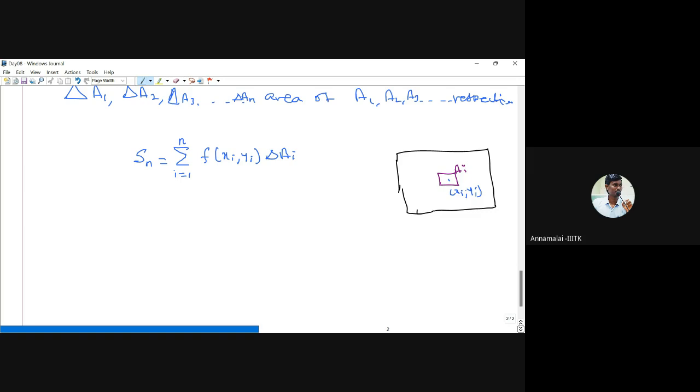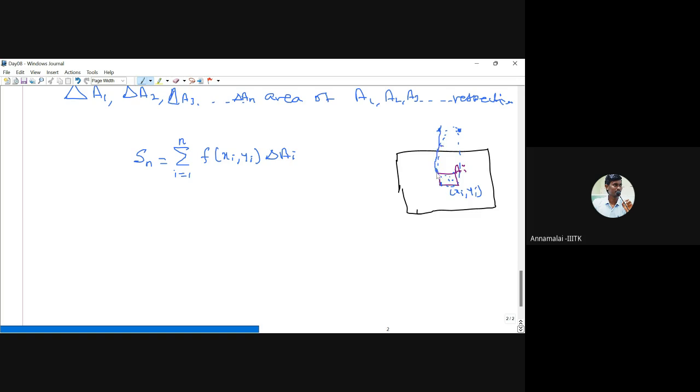Now the image of the point xi comma yi, I have to multiply with this, because this is the height. If you look at only this piece, for all points of this Ai the function is defined. For this point we get a value, and for this point we get a range here.